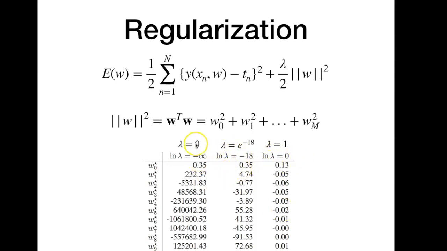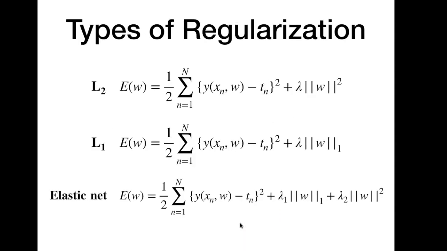So in order to compare those values, we use this log scale. But the point is, you should not choose your lambda to be very small or very large, but it should be some intermediate value that gives you good training performance while keeping your coefficients small. That is avoiding overfitting. Now, there are various types of regularization penalties that have been proposed in the machine learning literature.